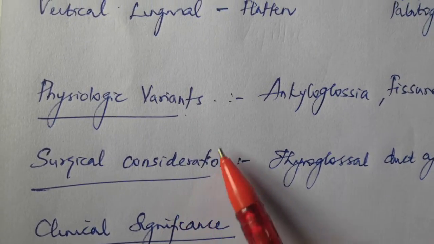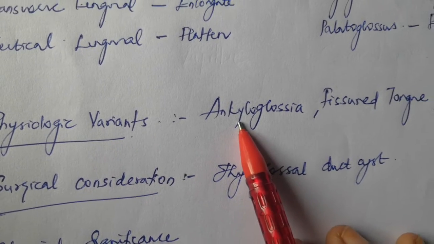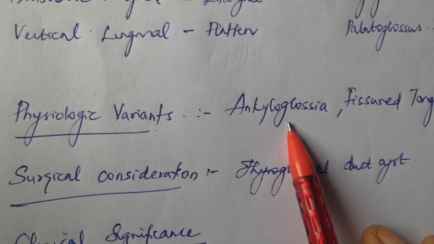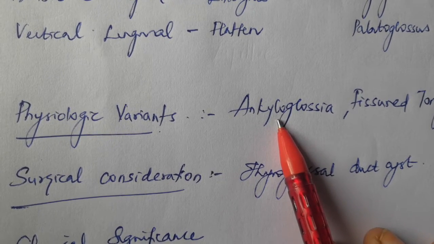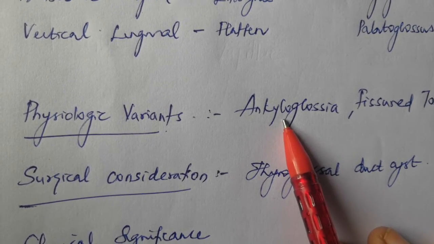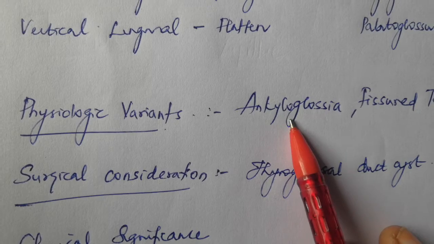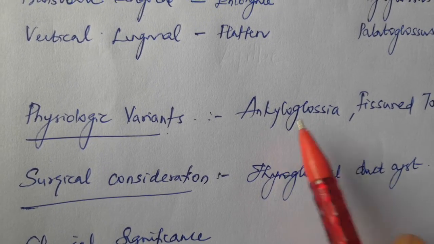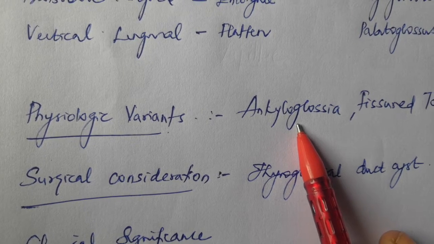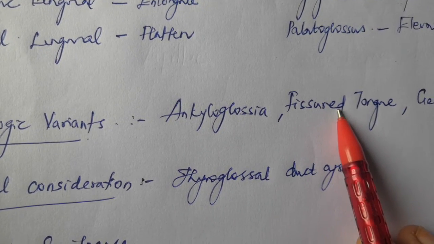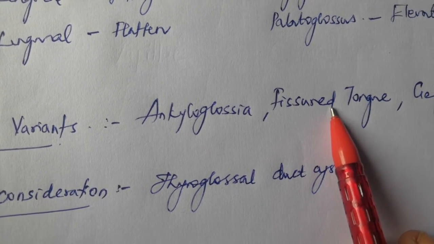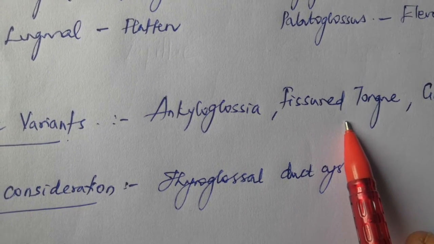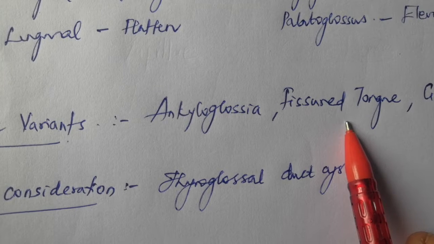Coming to the physiological variants, some people have an attachment of the lingual frenulum at the tip of the tongue, which is called ankyloglossia. A lingual frenectomy has to be done to relieve the tongue tie, so that speech and every function would be ideal. Then the fissured tongue: the tongue will have a lot of fissures, which are sometimes correlated with certain syndromes like Down syndrome.